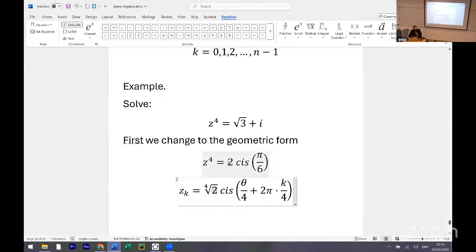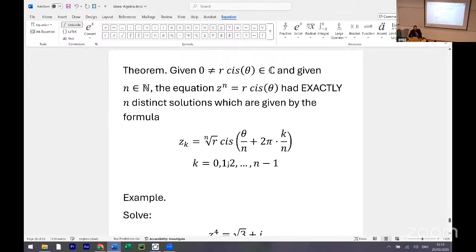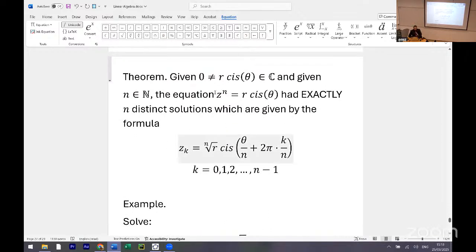That's the value here, right? Look at the formula again. Z to the n equals r cis theta. So the n is the power here. The r is the distance of the number for which you wish to calculate its roots.